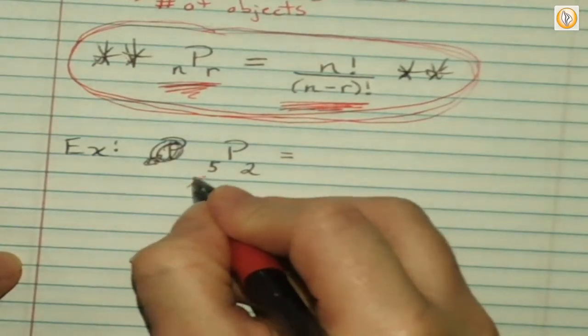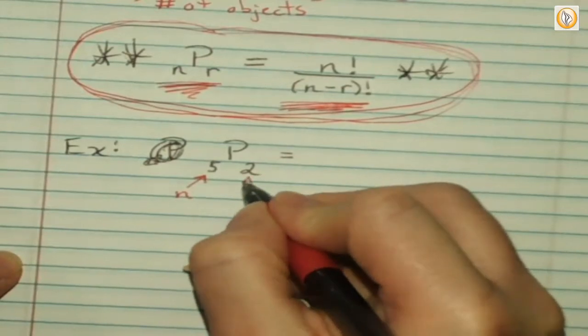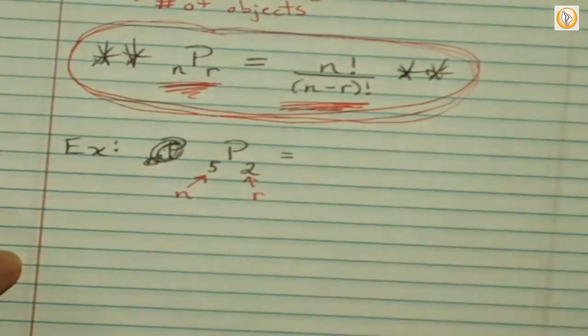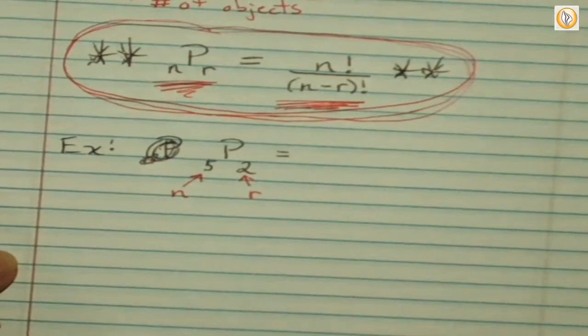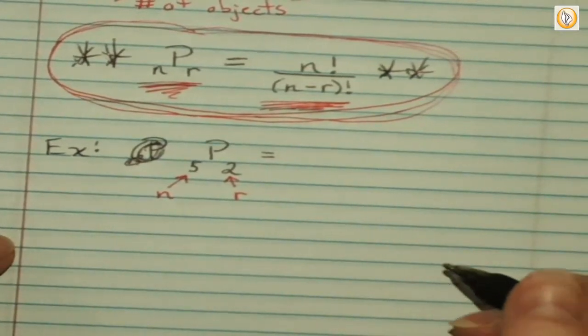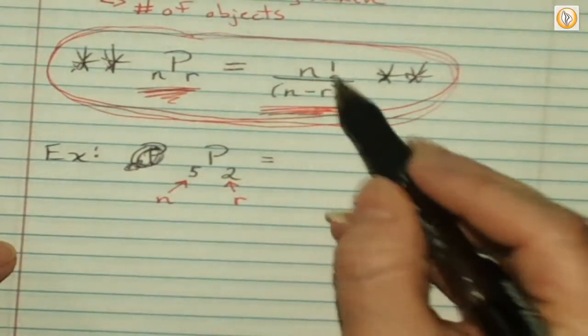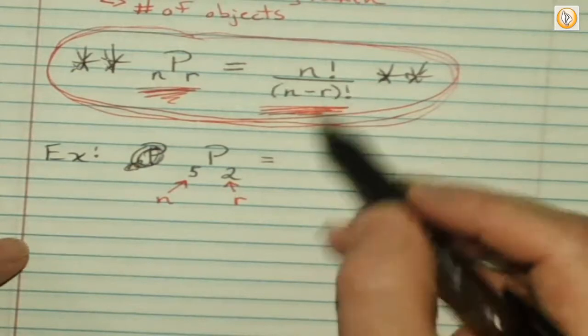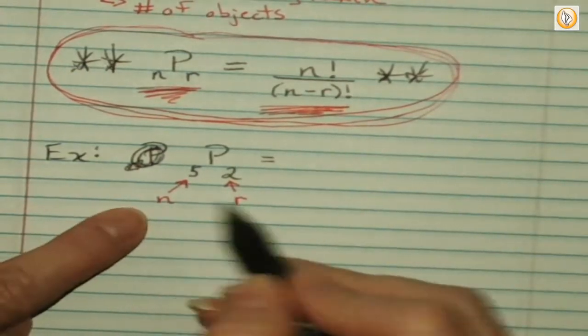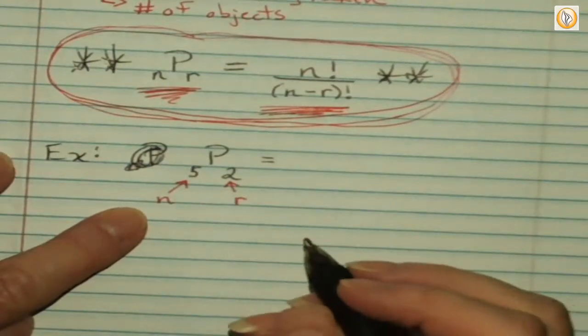What letter does the 5 represent? N. And the 2 represents R. So if we look at our formula here, I would recommend writing N and R right underneath them so that you don't get confused.